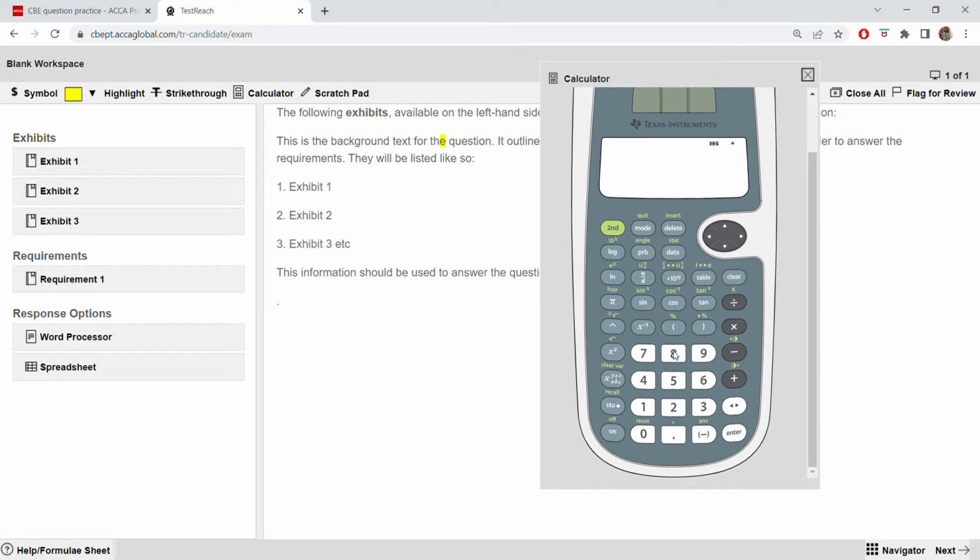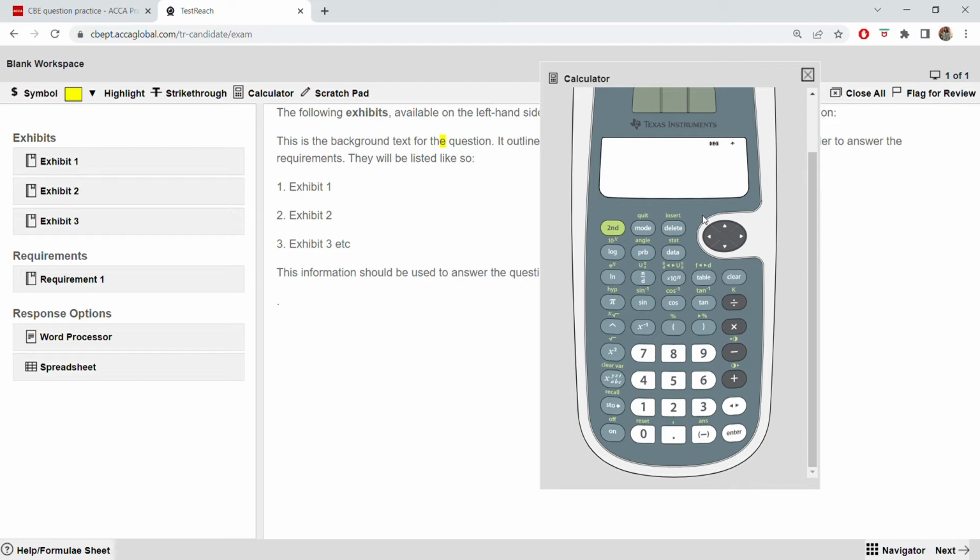Let's say you want to write 8 to the power of something. You press enter and this sign. I think you can see my cursor on the screen. To the power, let's say 5, enter. So that's how you can do it. Squared is already there. If you want to change to cube, or to the power 3, 4, 5, you can use this.